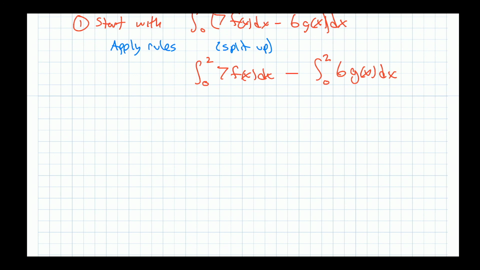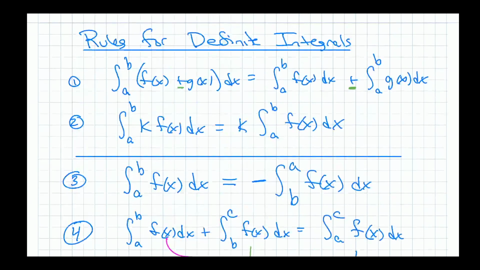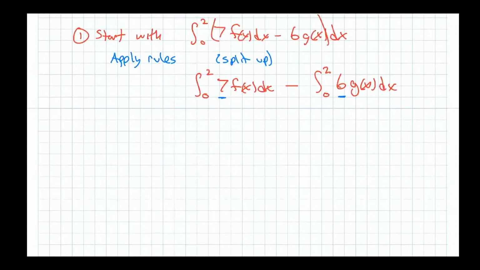Now I've got a 7 here and a 6 here. And there's a rule that says I can take those out. The second rule says if you have a constant, you can take the constant out front. So that's the constant multiple rule.